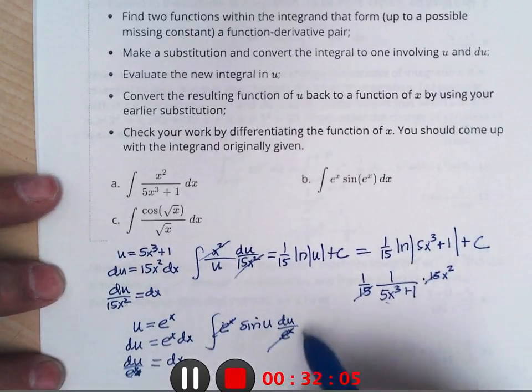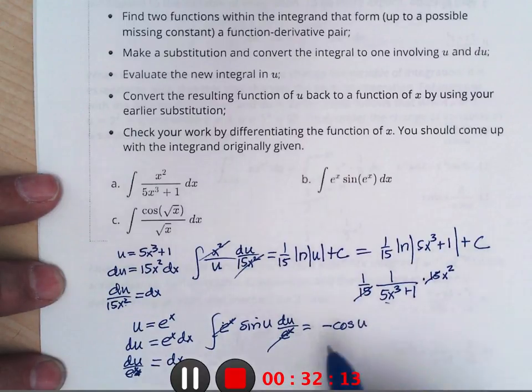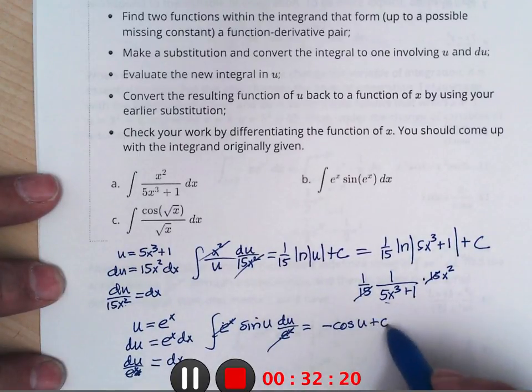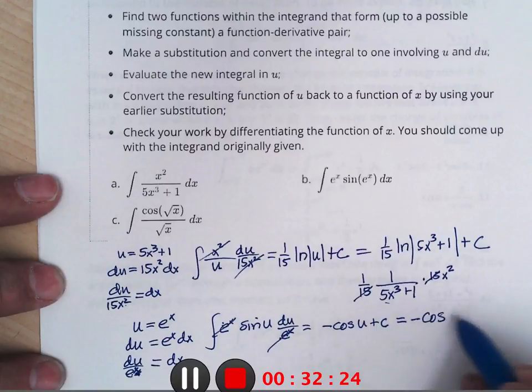And I get the integral of sine, and that's going to be negative cosine of u, because the derivative of cosine is negative sine, the antiderivative of sine is negative cosine, plus c. So that is negative cosine of e to the x plus c.